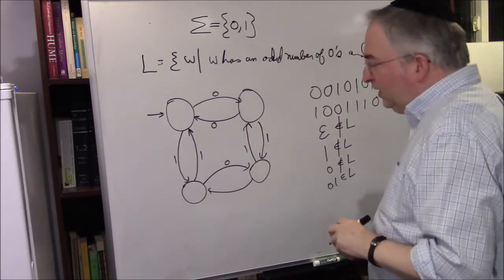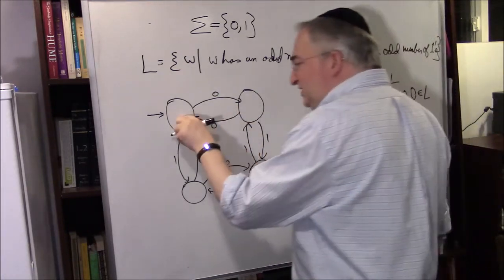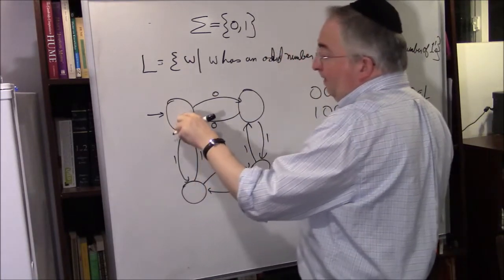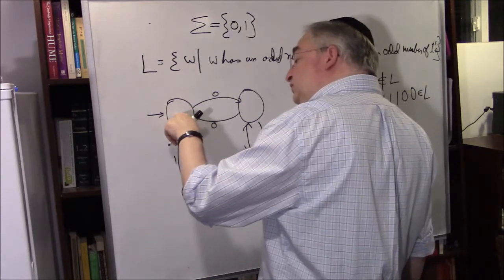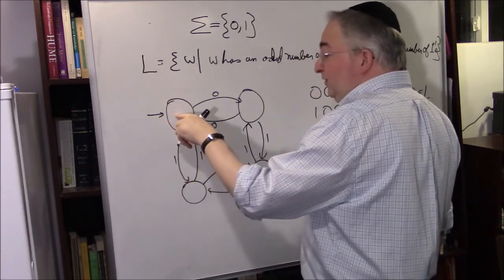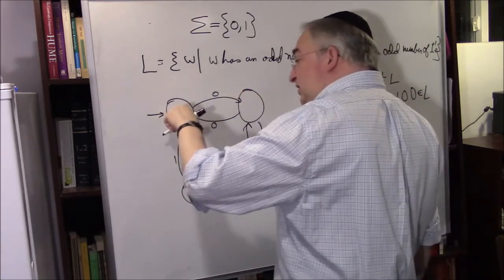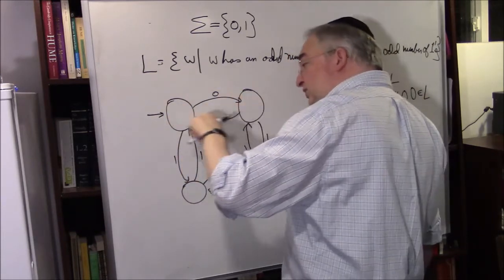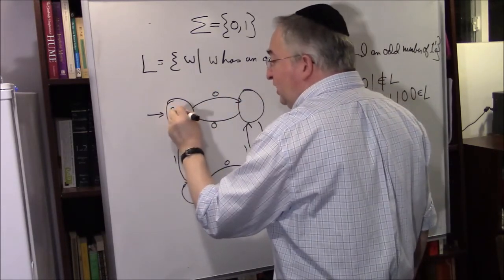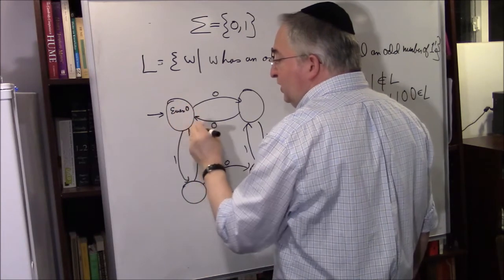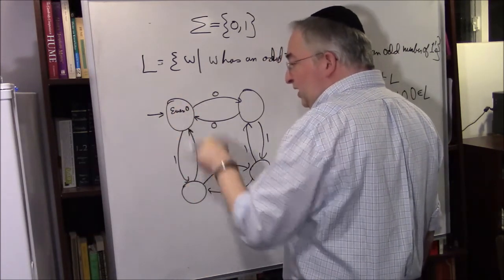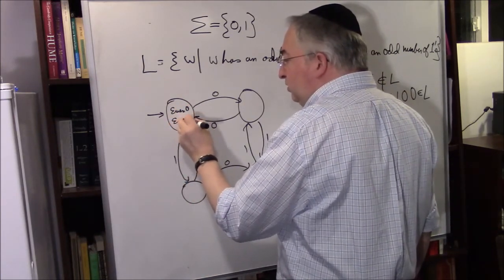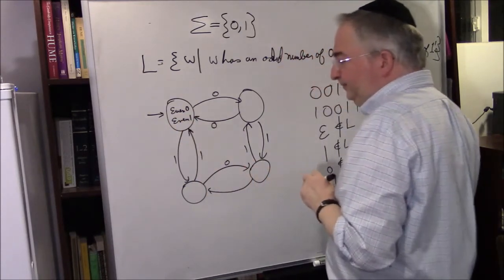Okay? Now, this state has 0 zeros and 0 ones, so that's even. And if you do this and this, you'll have even again, and do this and this, you'll have even again. So this is even zeros, okay? And also even ones, okay?